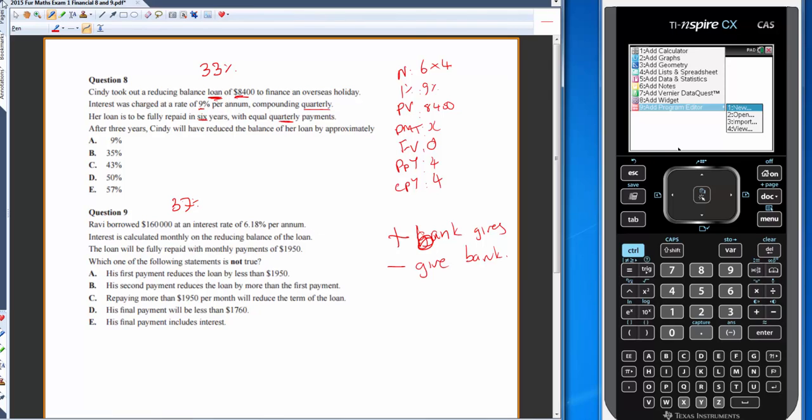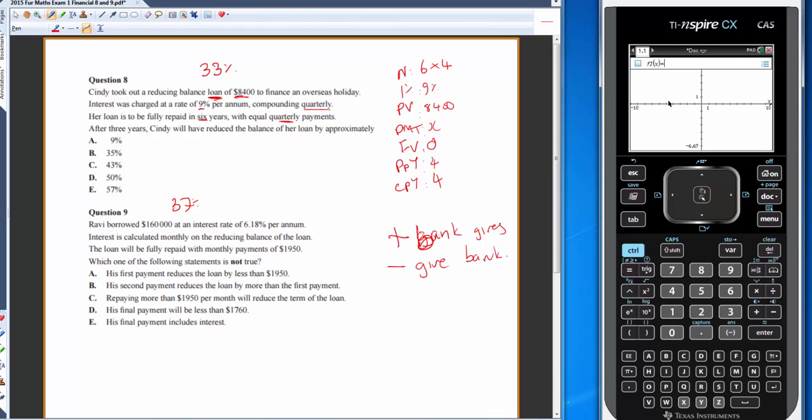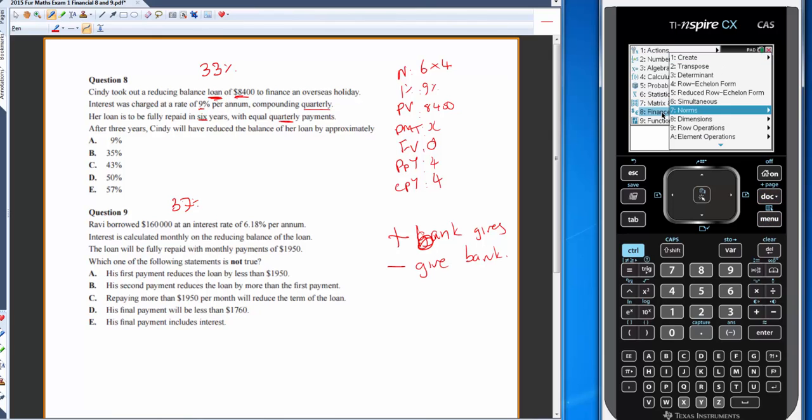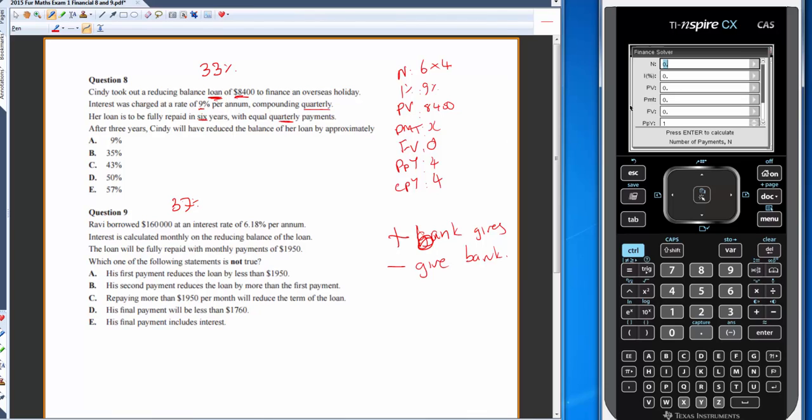Okay, so let's work this one out. We go over to the calculator, control doc, and calculator, and we want menu 8 and financial solver. So we've got N as 6 times 4, and PV is 8,400. Payments are what we don't know. Future value is the default, 0, and CPY is 4. So payments is the unknown.